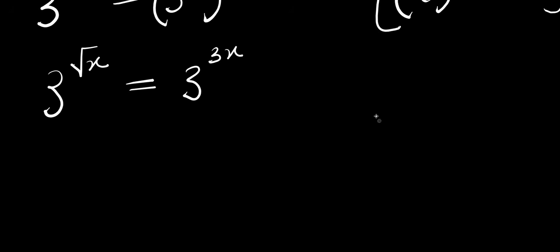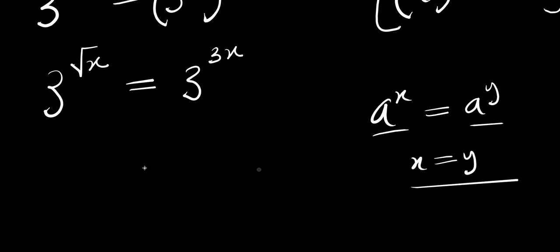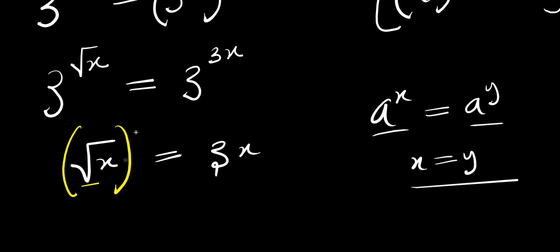So, if you have a power x equals a power y, when the bases are the same, you compare the exponents, that is x equals y. So you have square root of x equals 3x. Now, since there is a square root here, I need to eliminate that by squaring both sides of this equation.